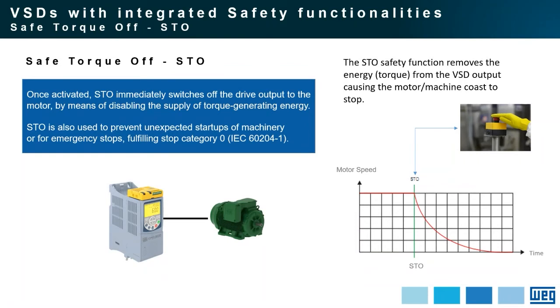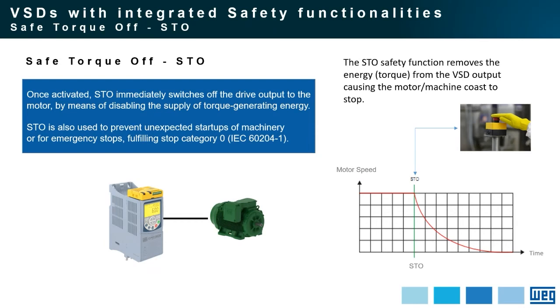It means the variable speed drive will make sure the motor does not have torque to control the machine. STO is also used to prevent unexpected startup of machines, for example for maintenance purposes, fulfilling stop category 0.